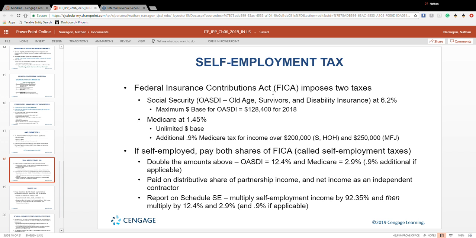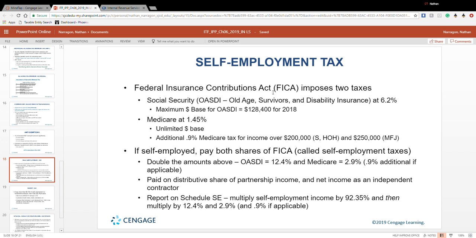One is Social Security, or Old Age Survivors and Disability Insurance, OASDI, which is Social Security, and that's at 6.2% up to 128,400. Once you hit that amount, you're good. That's as far as it goes.